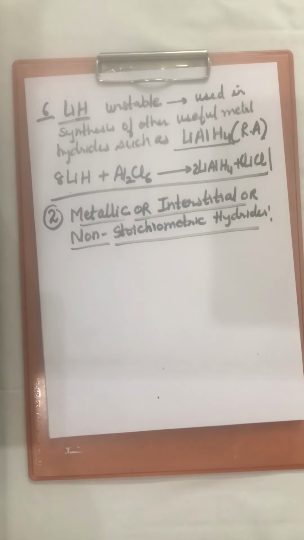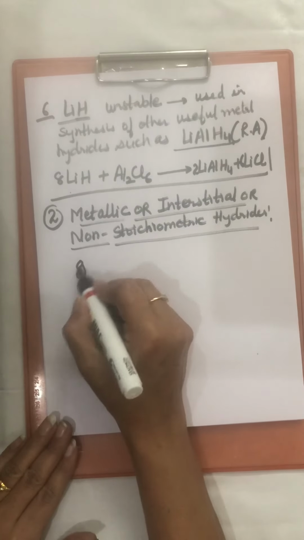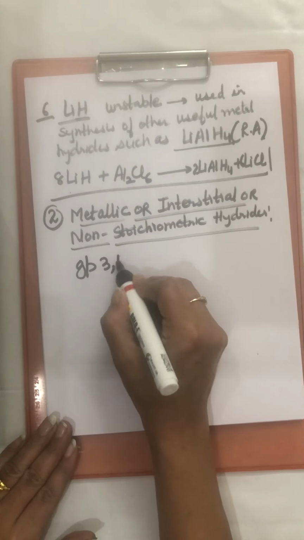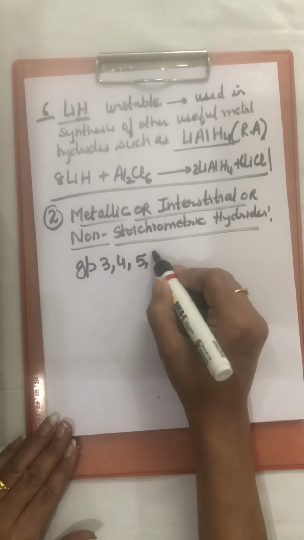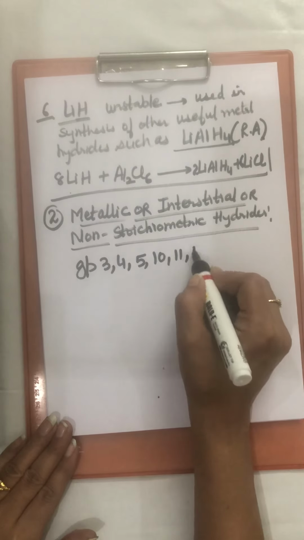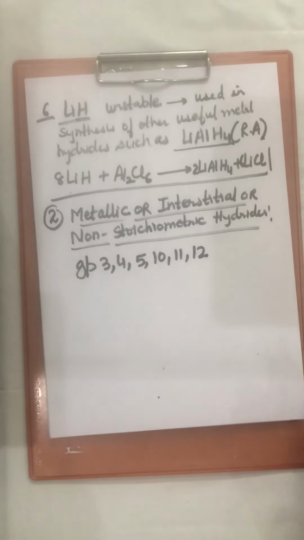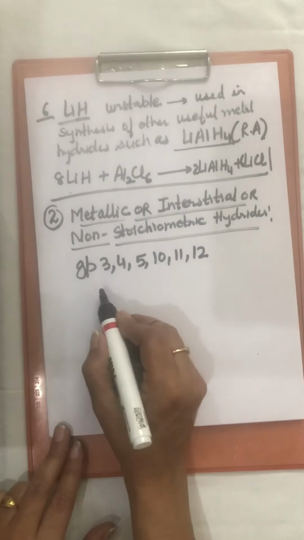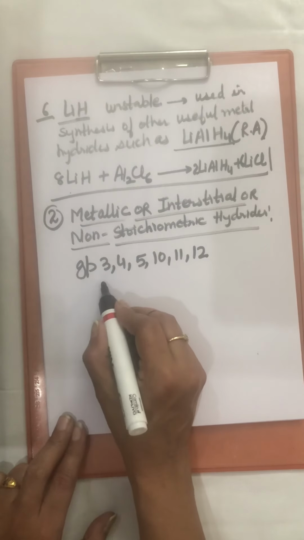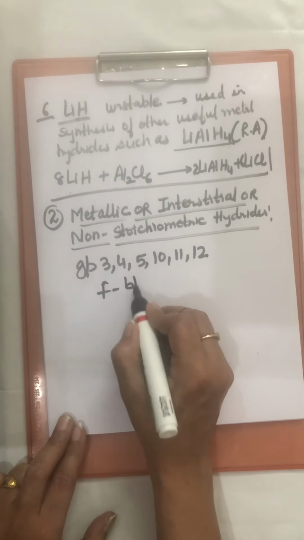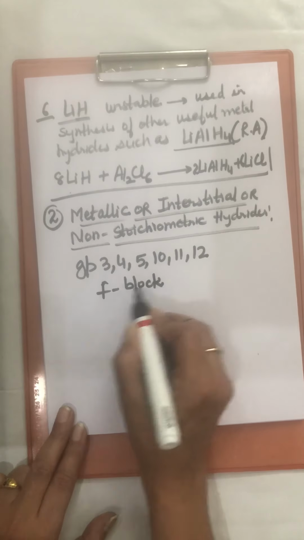These hydrides are formed by group 3, 4, 5, 10, 11 elements, plus the F block elements which are there at the bottom of the periodic table.